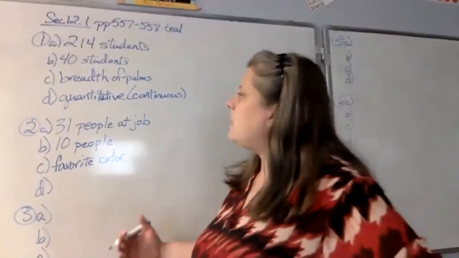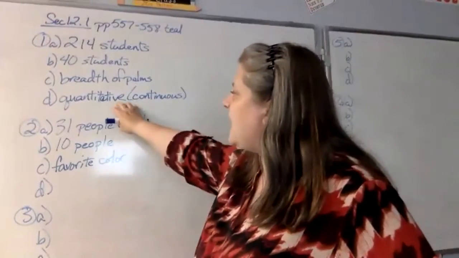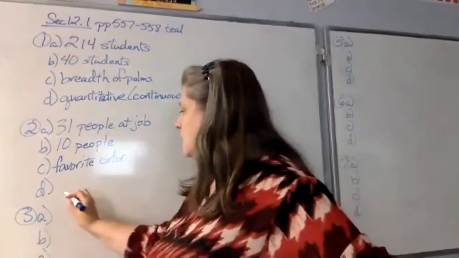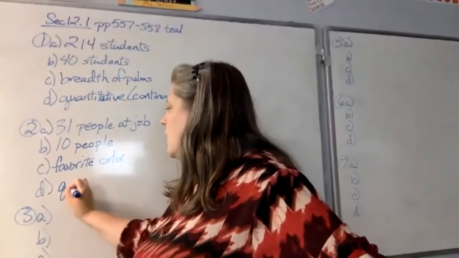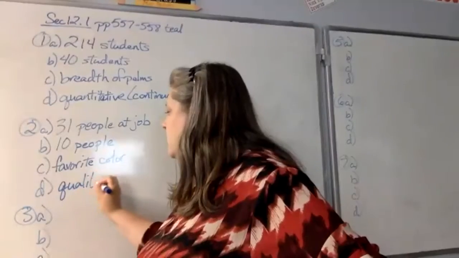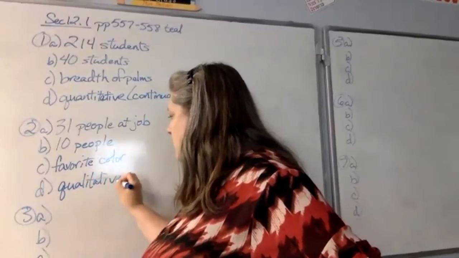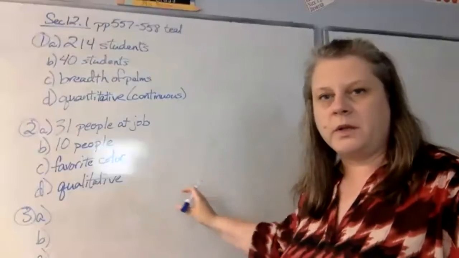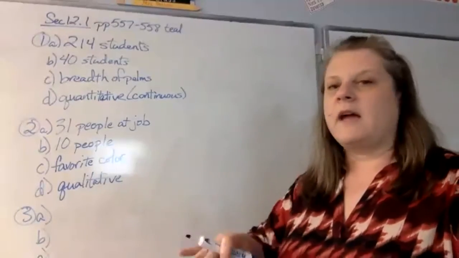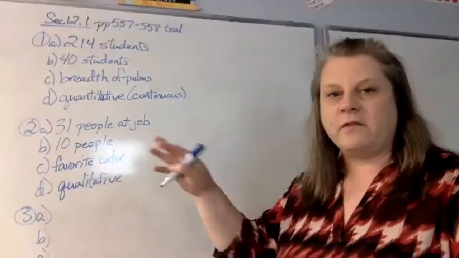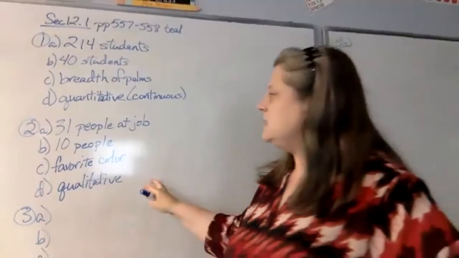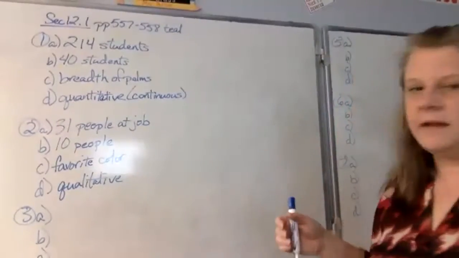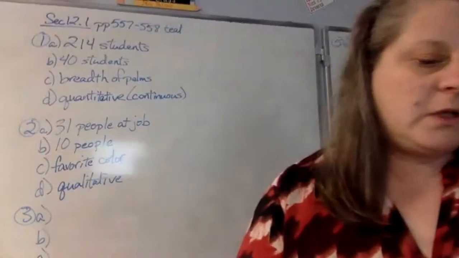Since you're talking about colors, is that quantitative or qualitative? Qualitative, because basically you're just going to end up with people in categories. You'll have people who liked red, people who liked yellow, people who preferred blue, people who like purple. Okay, you'll have them divided by their favorite color category instead of actually measurements, numbers. Okay, so that was number 2.